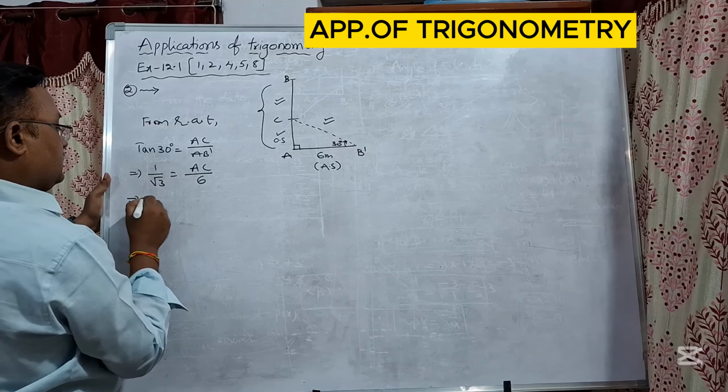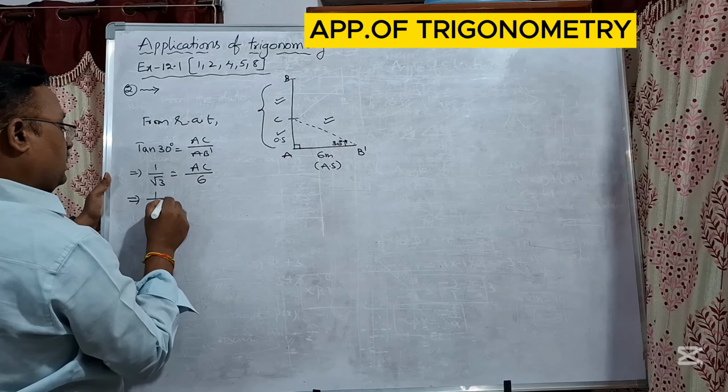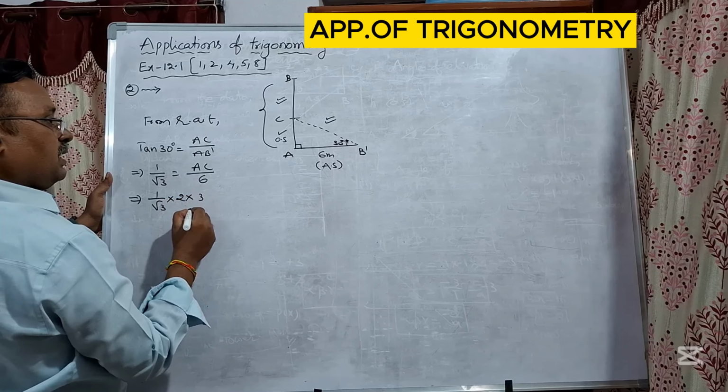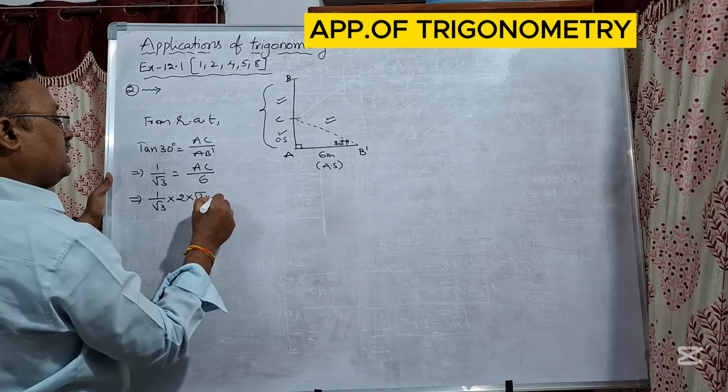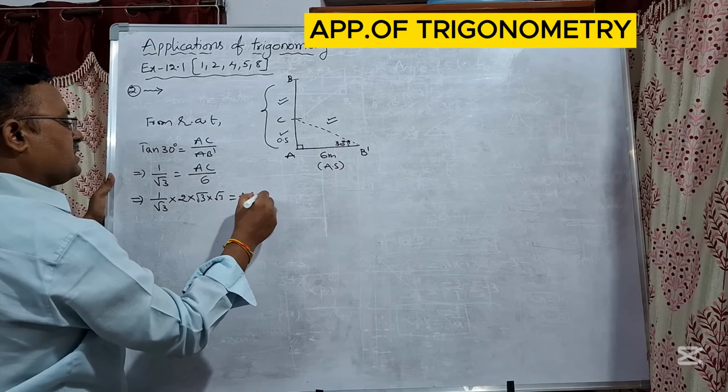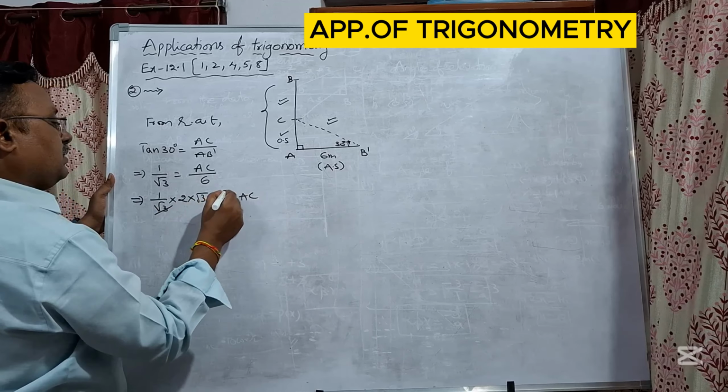Cross multiply. This is 1 by root 3 into 6, which can be written as 2 into 3. That 3 can be written as root 3 into root 3 for our convenience, equal to AC. Now root 3 gets cancelled. Therefore, the AC value is coming as 2 root 3.